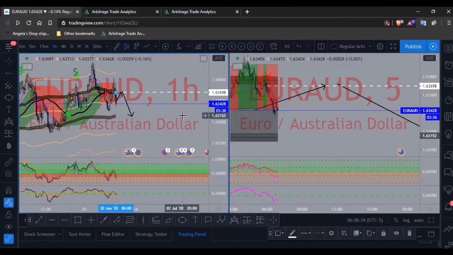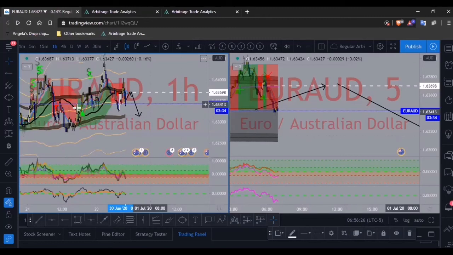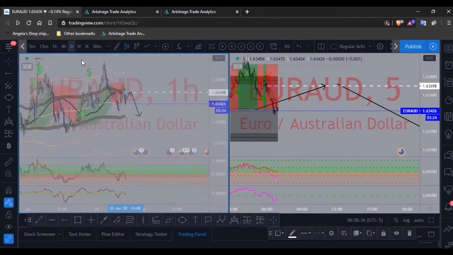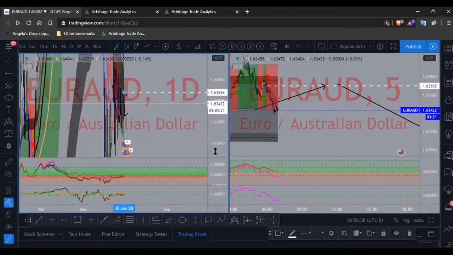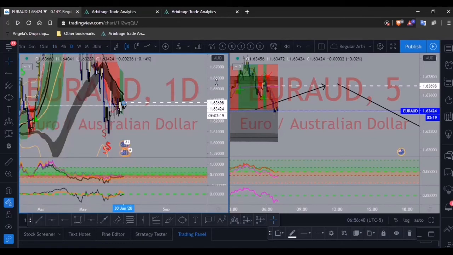I'd watch to see if it does go back up there for a potential drop. But overall, I do want to see Euro AUD go bullish. If I'm looking at it from a daily time frame point of view, it looks like it's starting to set up for a buy, although it's not quite there yet.